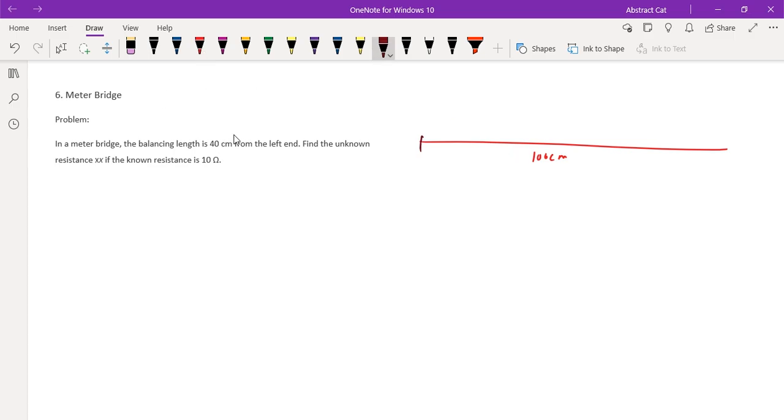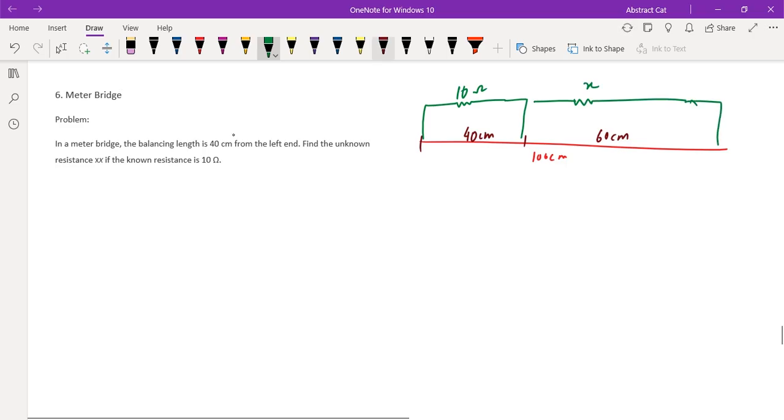So here given is 40 centimeter, the other length is 60 centimeter, and there is a known resistance of 10 and an unknown X. How to calculate this?